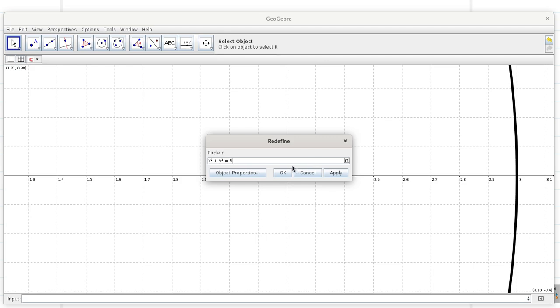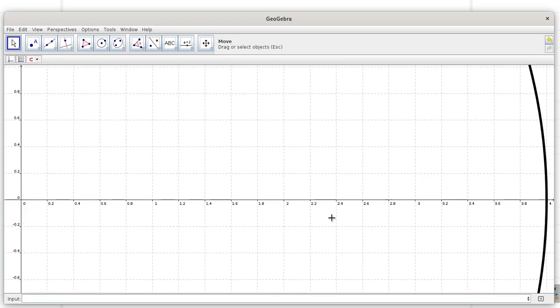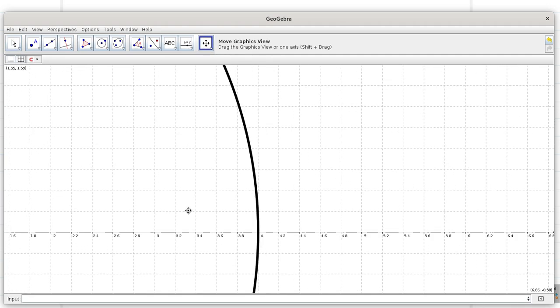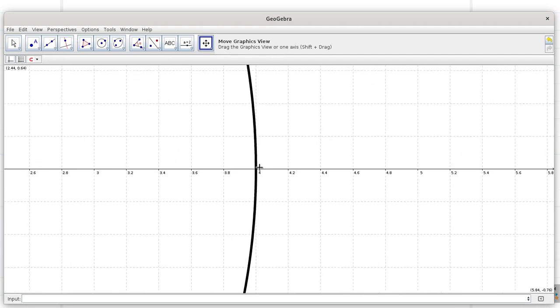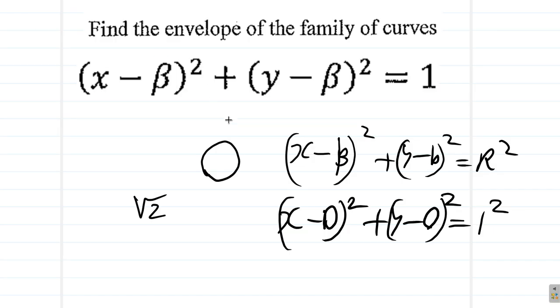If I make it 16, which is 4 squared, where does it go? Out to 4, right? And so on. You see that? So the thing is, whatever number it is here, it is the radius squared.